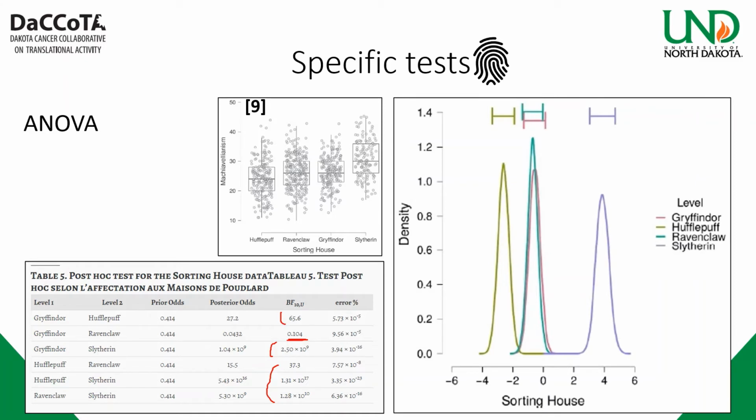And indeed, if we take those intervals, we can see here that hopefully this will show you that Slytherin is significantly higher than other two, Hufflepuff is lower, but Gryffindor and Hufflepuff cannot really be distinguished. So that would be how ANOVA might go.